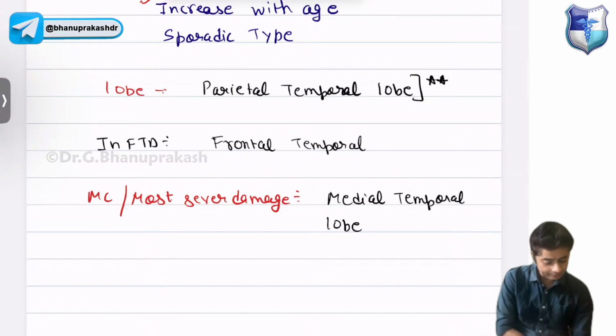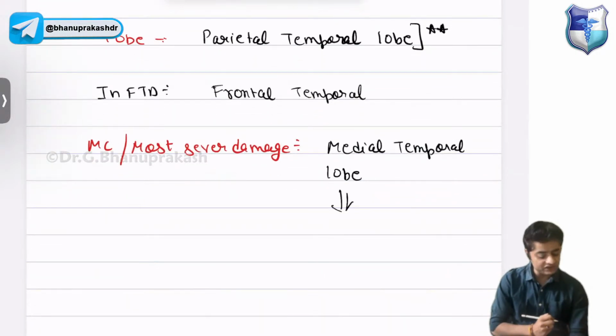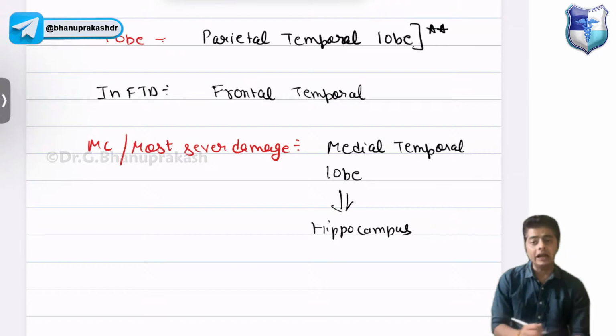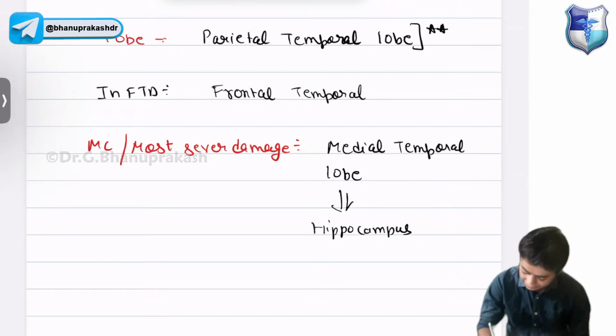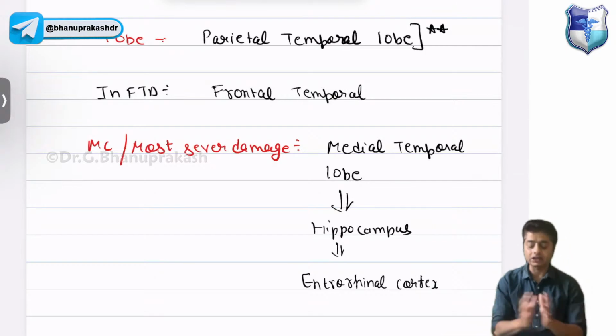And in the medial temporal lobe, we all know which structure lies there? It is your hippocampus. And if we want to be more precise, then it can be the entorhinal cortex.